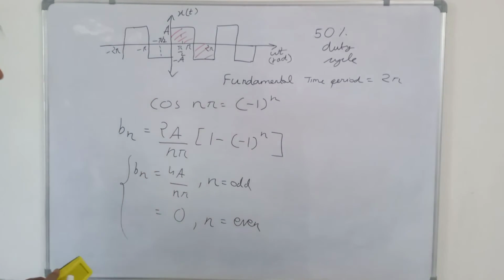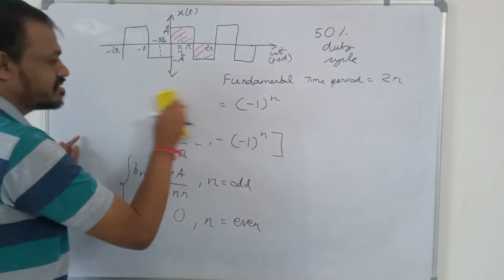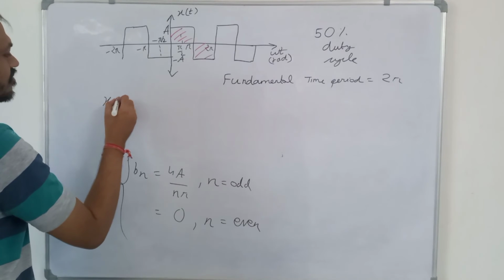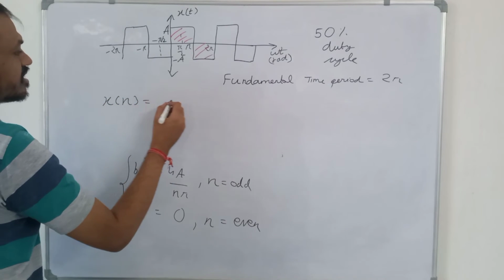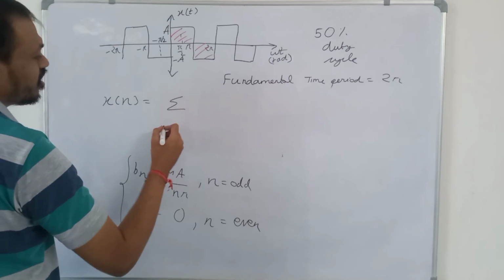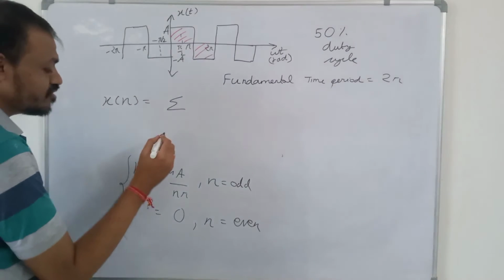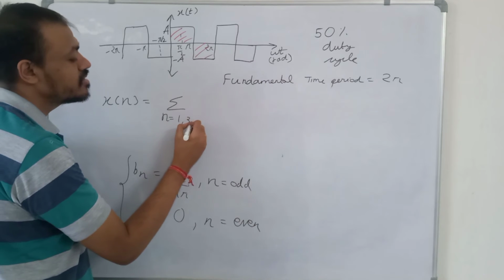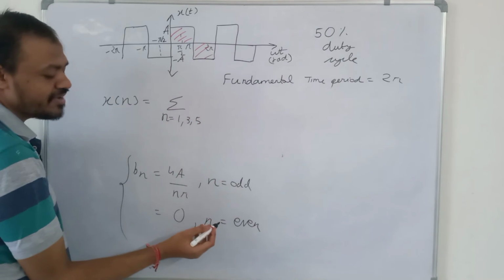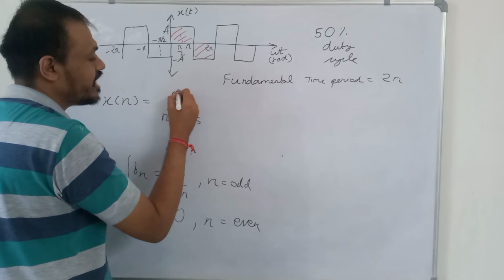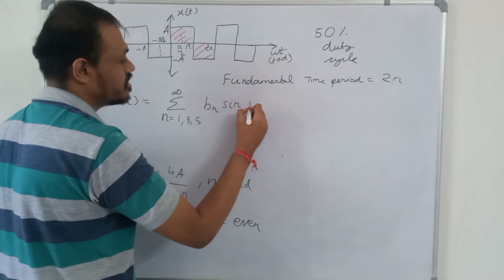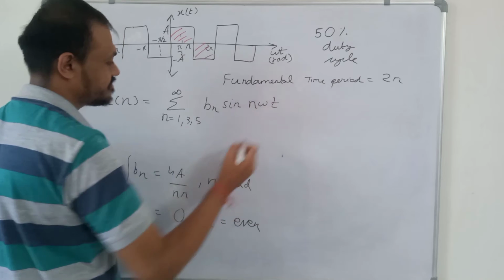So we can substitute it in our Fourier series formula. So we wrote x of t is equal to sigma of n is equal to 1 to infinity. Now n will be equal to 1, 3, 5 because Bn exists only for odd terms, up to infinity, Bn sine of n omega t.